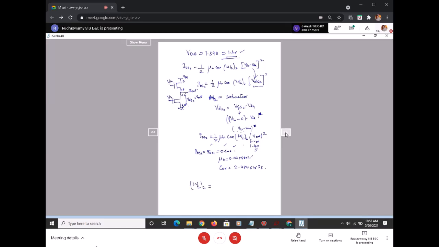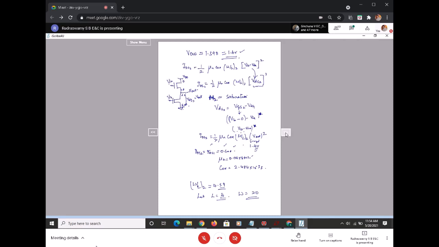If you just substitute all these, you get somewhere around W by L as 4.59. In this, I just let L be 4. Approximately, I get W to be 20. Just 4.59, I'm taking it as 5, so 5 times 4 is 20.